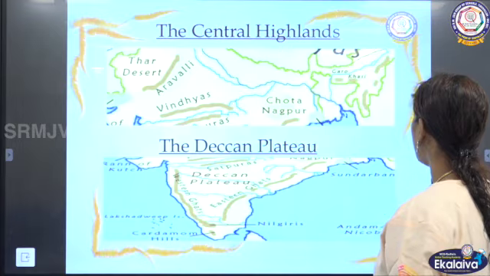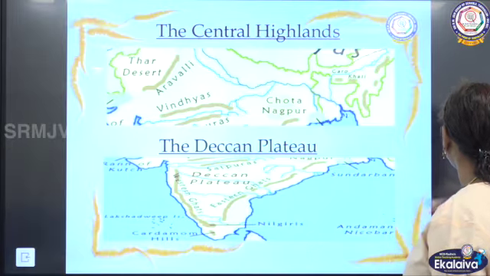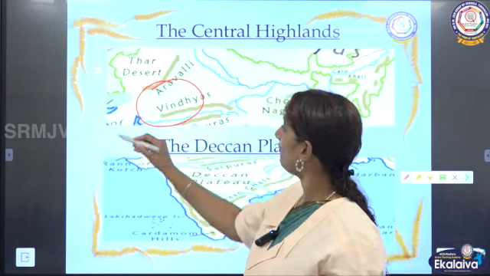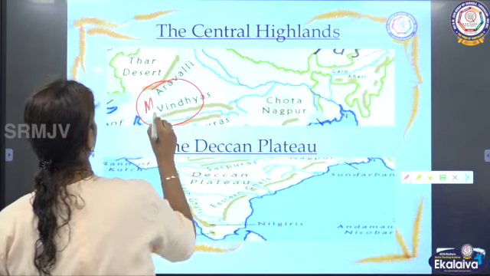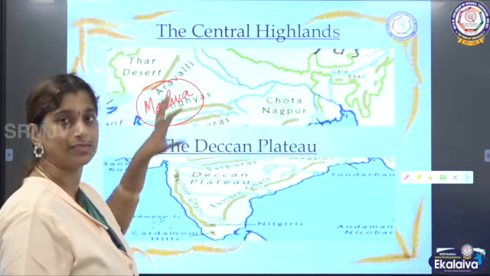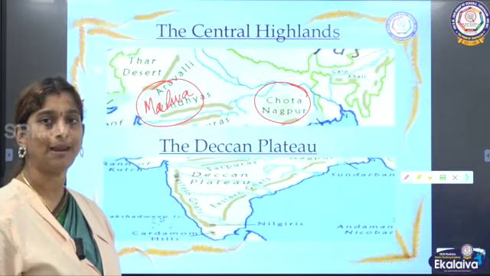The Central Highlands consist of two important plateaus. One is the Malwa Plateau, which is located here, and the other one is the Chota Nagpur Plateau.